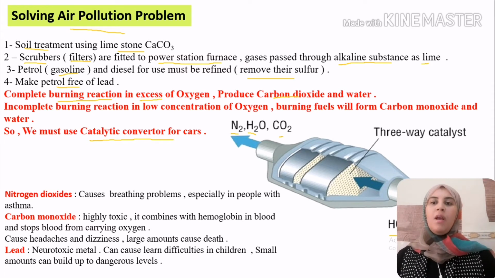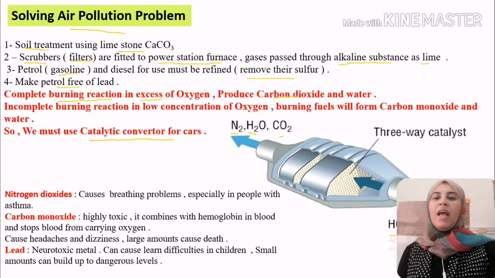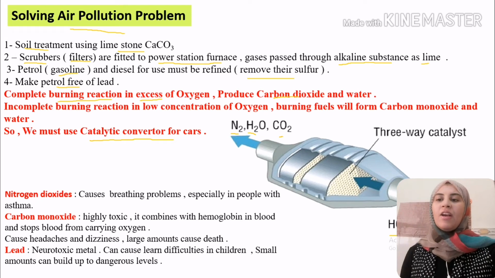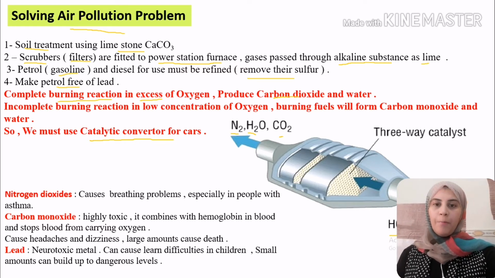We will now learn about some gases produced from burning reactions and their effect on humans. At first, we have nitrogen dioxide. Nitrogen dioxide can cause breathing problems, especially in people with difficulties in breathing.